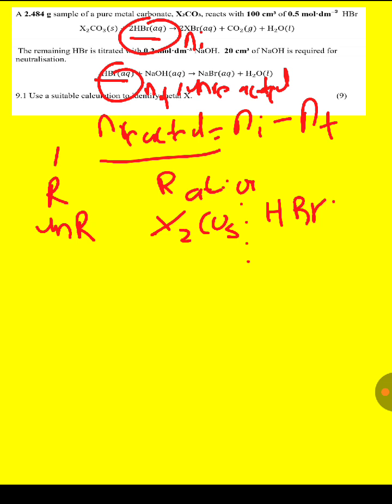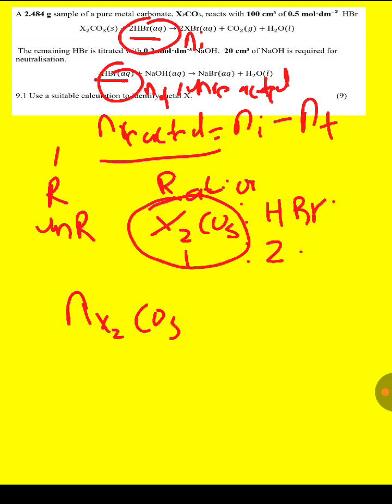Now you do whatever ratio applies for reaction 1 to 2. In this case, the aim is to get the number of moles of this metal carbonate.